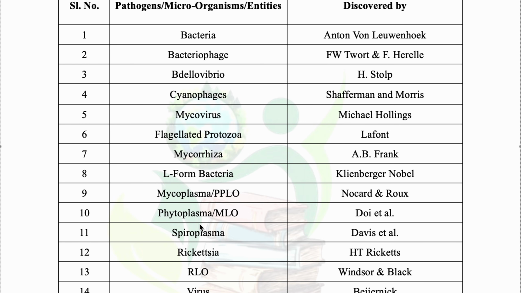Phytoplasma are specific to plants, meaning they are plant specific obligate parasites, but they cannot be cultured, which in turn we get to see in spiroplasma. They are also wall-less, but they can be cultured and they have a unique shape called corkscrew shape, and they can be cultured artificially.